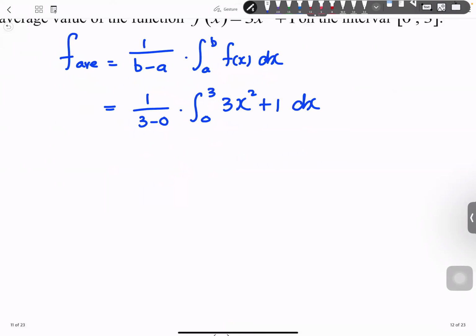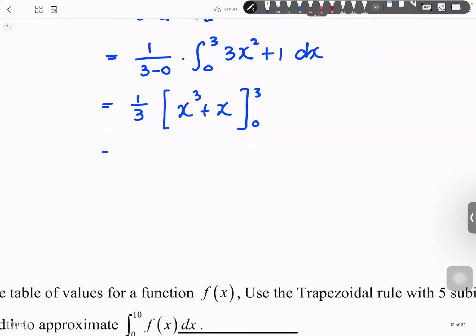Again, if you know the formula at this point, really it is calculator work, right? I'm going to go ahead and write out just a little bit of what we're doing. So this would be 1/3 times, when I integrate 3x squared, that would be 3x cubed over 3. So this will be x cubed plus x evaluated from 0 to 3, plug in top minus plug in bottom.